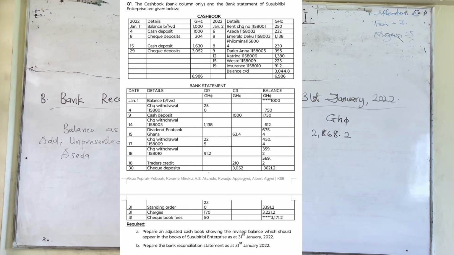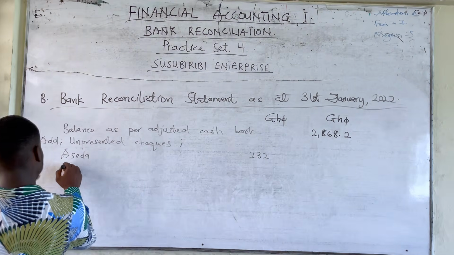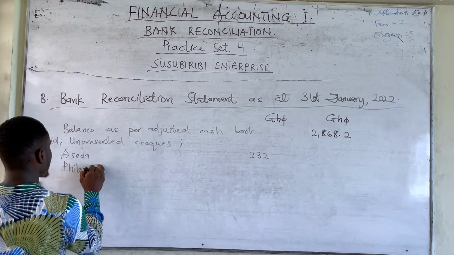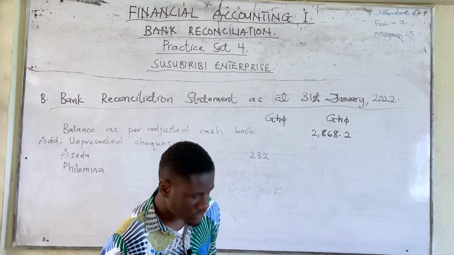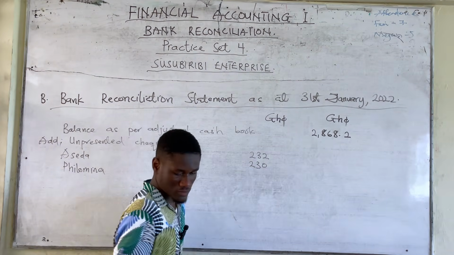So we move to Philomena. Philomena was credited in our cash book with the amount 230, but was not debited in the bank statement. Okay, so we are going to record that as unpresented checks. So Philomena, the amount is 230. Good.